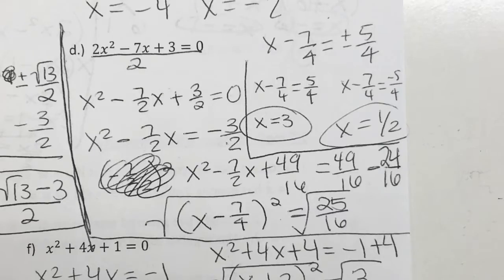Alright, and now Corbin, what is 5/4 squared? You don't have to look at your paper. What's 5 squared? 25. 4 squared? 16. Yeah. Okay, so again, this is our b/2 before we square it, right? I'm going to write that underneath. You don't have to write it. This is our b/2 squared.